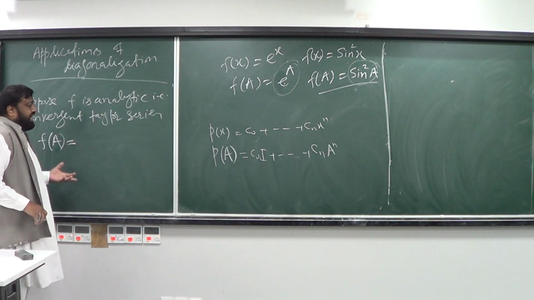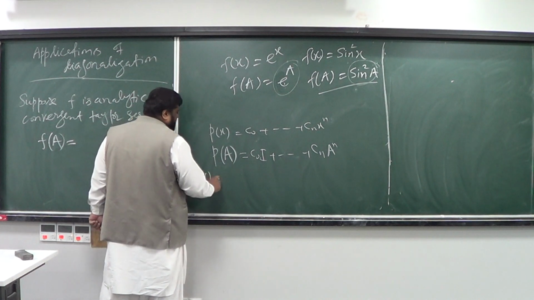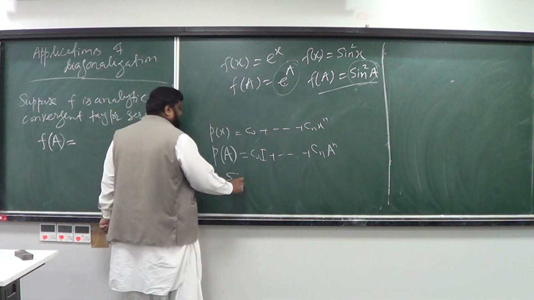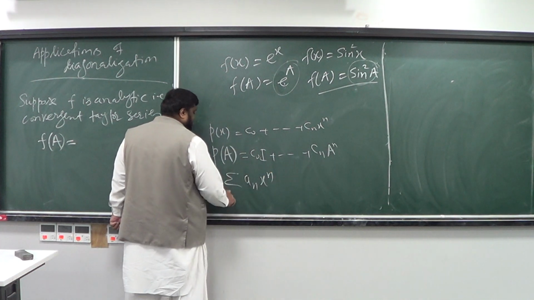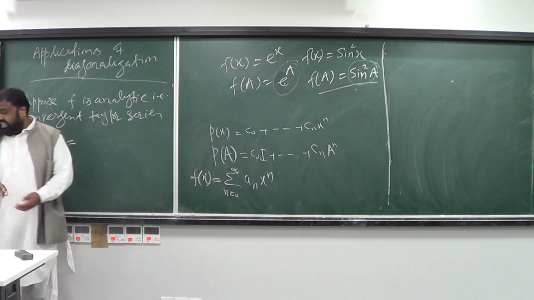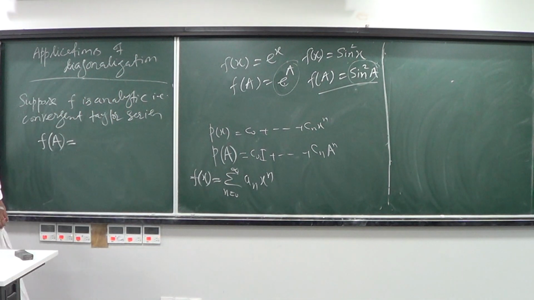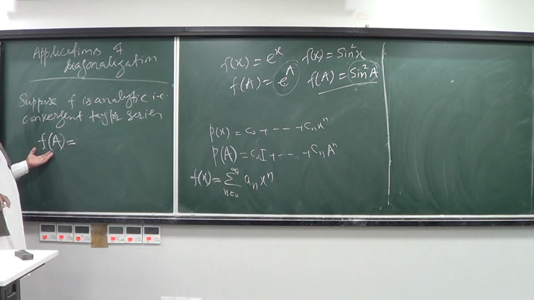So if f of x has a series, you can expand f of x in a Taylor series, sum of an x power n, where n goes from 0 to infinity. So if you can expand f of x in such a convergent series, then what could be the potential meaning of f of A?